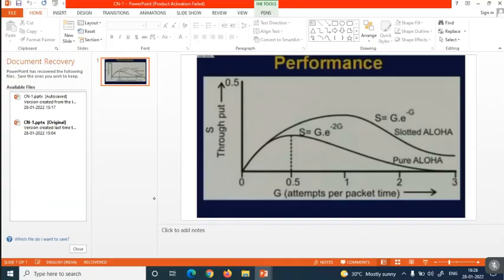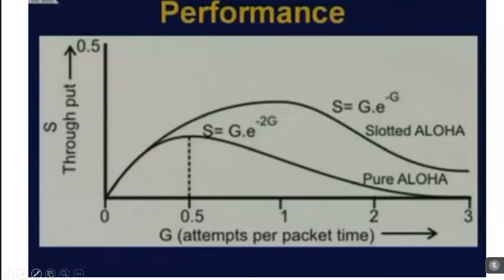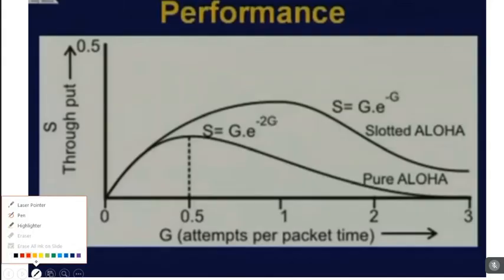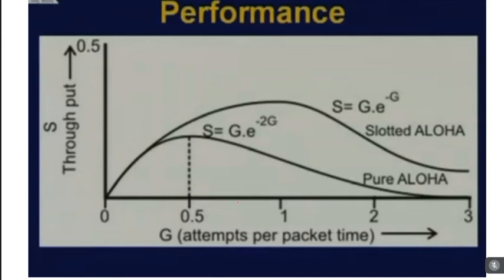Here G represents the attempts, in the sense, the load or the traffic we are giving.